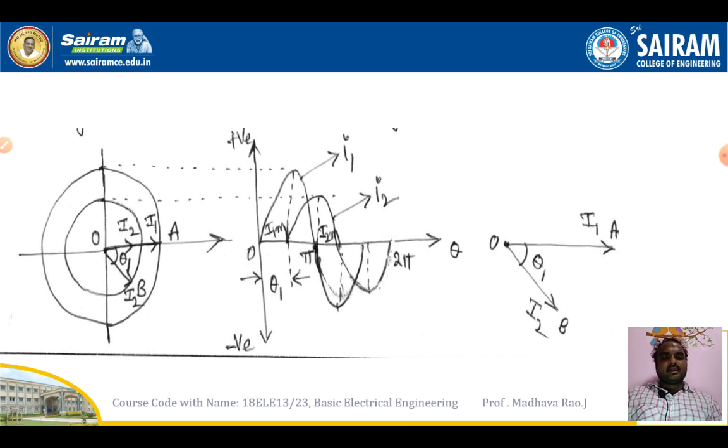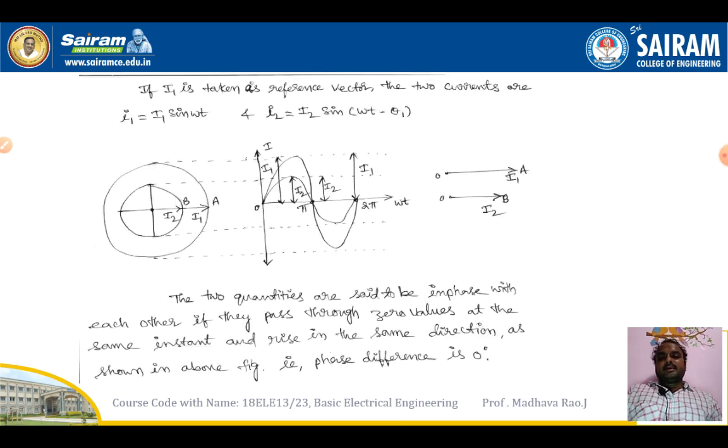So we can say that I2 lags I1 by phi 1 degrees, and I1 leads I2 by phi 1 degrees. These are the lead and lag concepts. We have already discussed them in module 2 for RLC circuits.